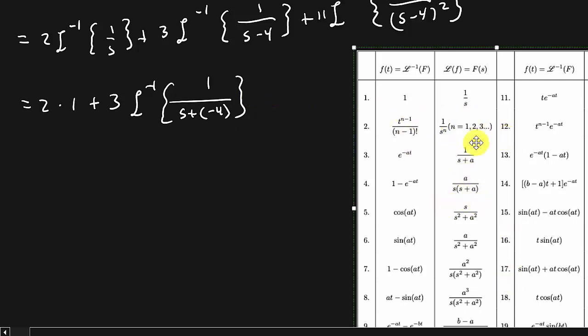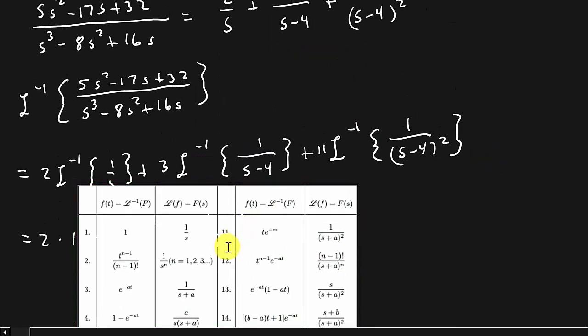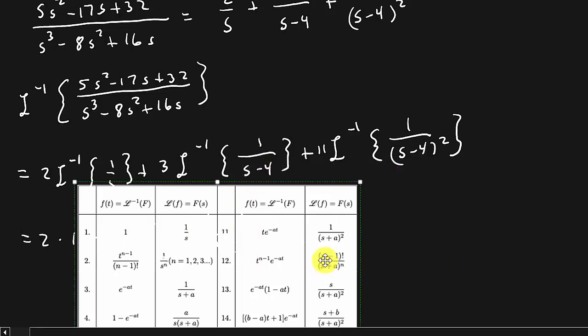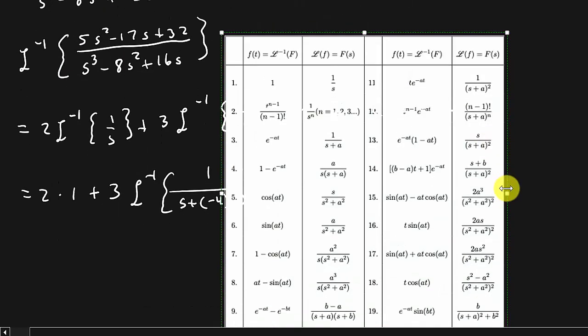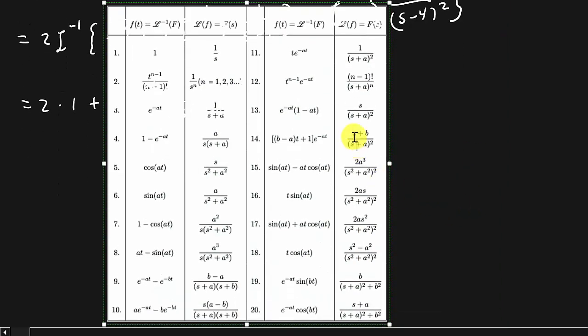Now, let's look at this one. 1 over s minus 4 squared.